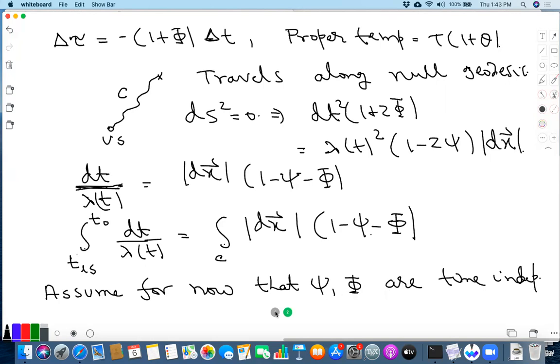Then, and this I'll discuss later, one can show that C is time independent.